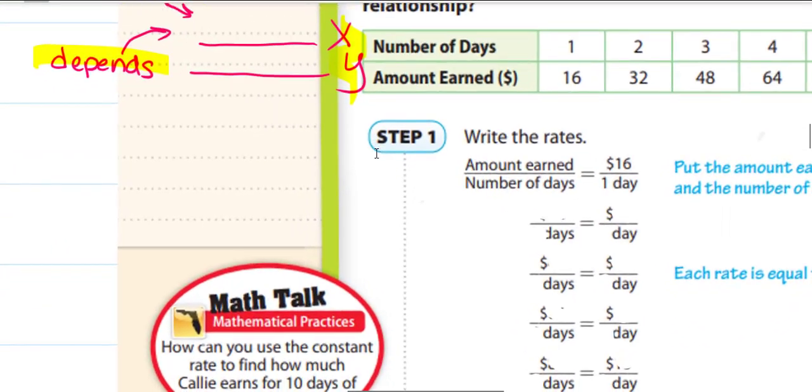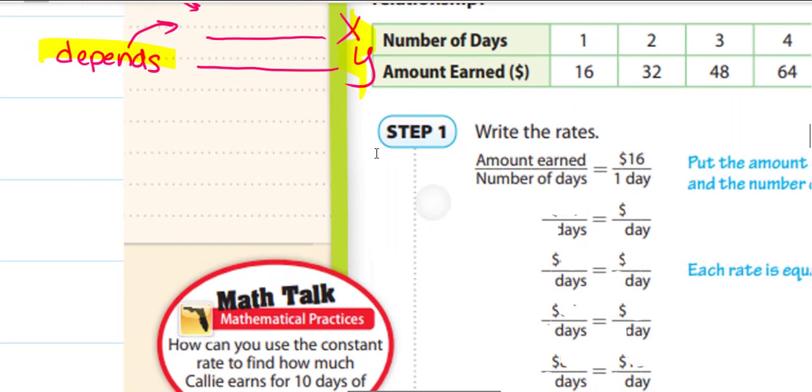Once we do that, now we can apply our equation. We are looking to see if this is a proportional relationship. In other words, I'm looking to see, is there a constant of proportionality? To find out, I'm going to use the equation: the constant of proportionality equals y divided by x.